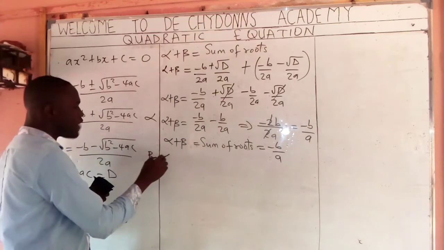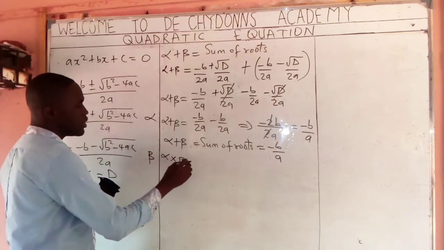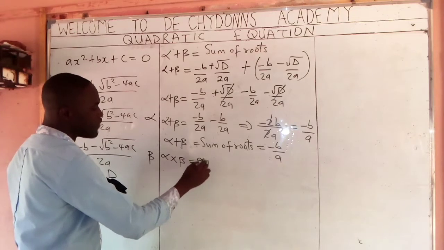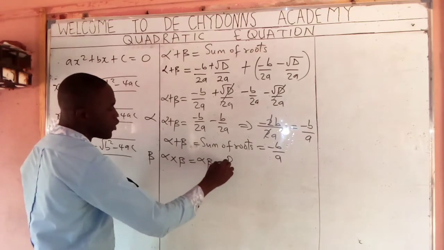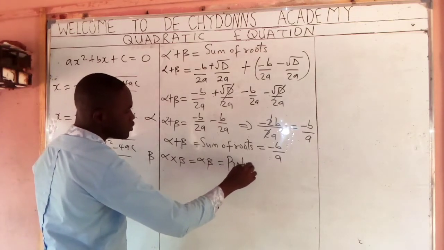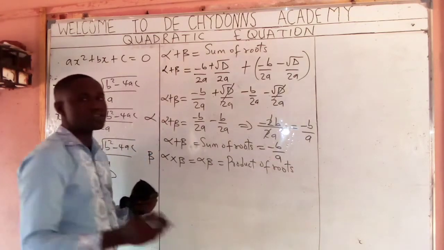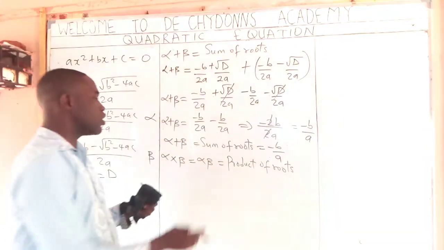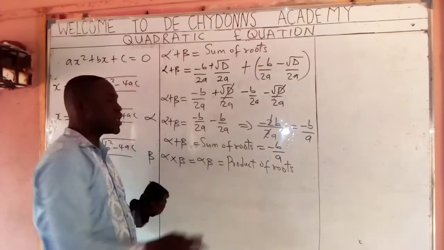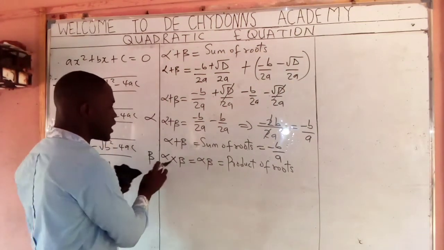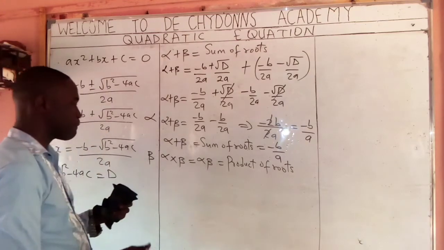Then we go to alpha times beta. Alpha times beta will be giving you alpha beta, and will be giving you the product of roots. Remember that product simply means the result after multiplication. So the answer you get after multiplication is the product. That is why you say this times this.